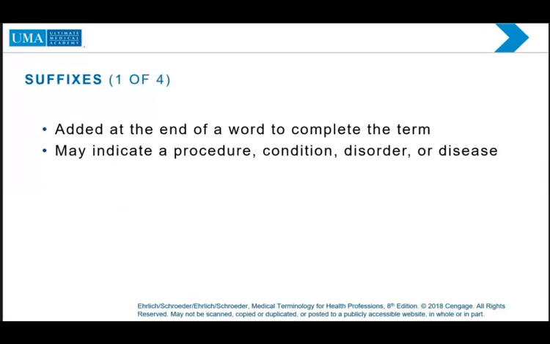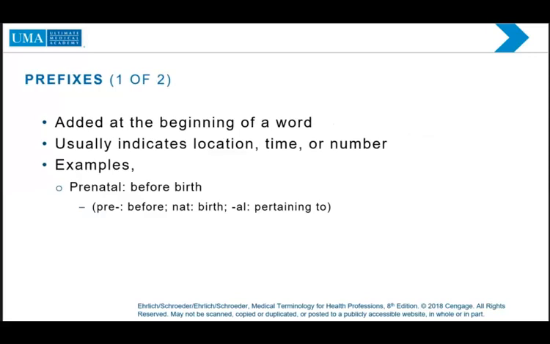Let's now take a look at suffixes. They are added at the end of a word to complete the term. Many indicate a procedure, condition, disorder, or a disease. Prefixes are added at the beginning of a word. They usually indicate location, time, or number.